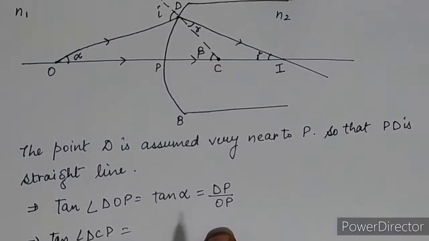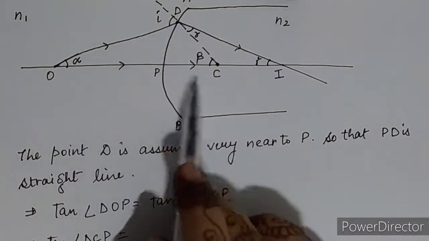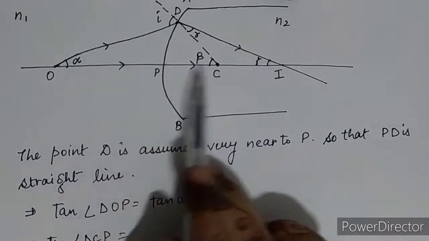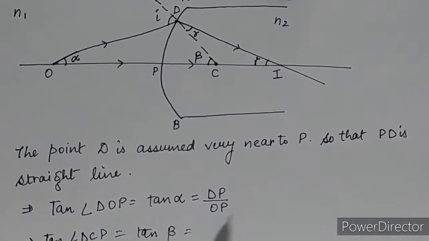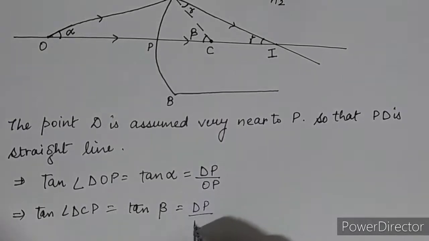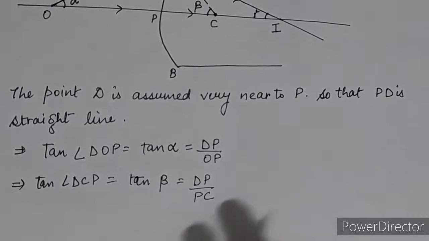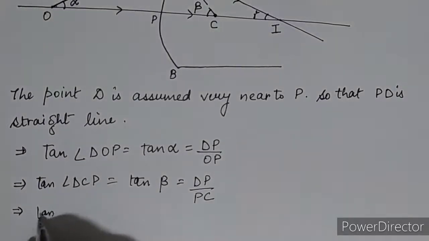You know very well that DCP is beta, and this is the straight line, this is the base. So tan beta is DP upon PC. The third one we are taking is tan gamma, angle DIP.